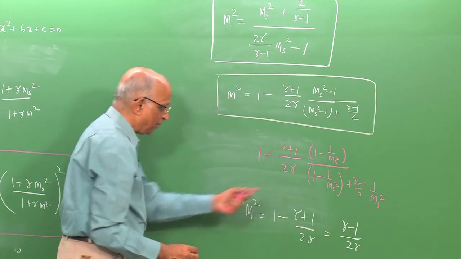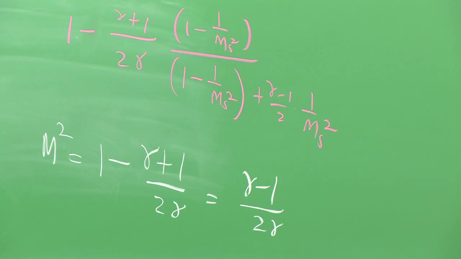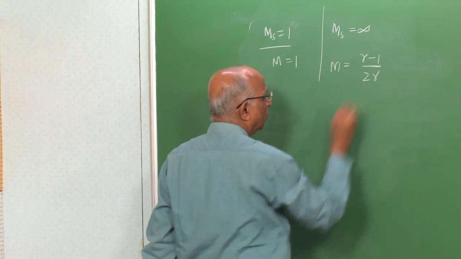This is the value of M square. Therefore, in the limit of a very strong shock wave, I get M is equal to the square root of gamma minus 1 divided by 2 gamma.